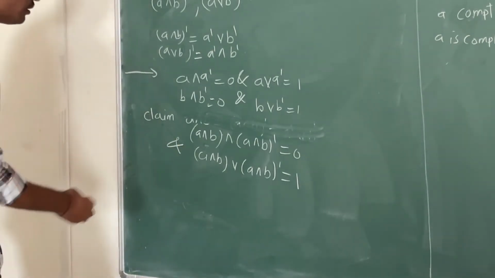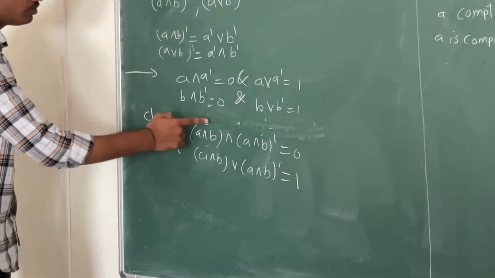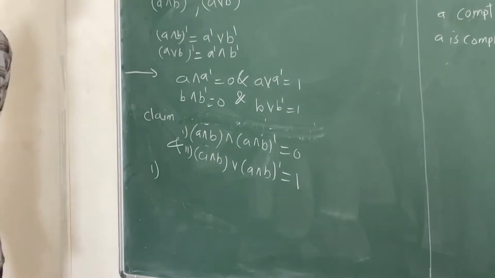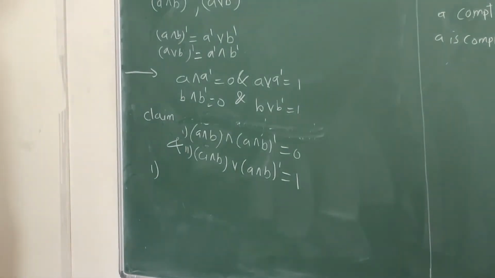Yes. See, A meet B. First we will show this. We are going to prove that complement of A meet B is A complement join B complement. Yes or no? A meet B prime is A prime join B prime, right? So we will substitute that and we will take the meet with A meet B and see whether you get 0 or not.